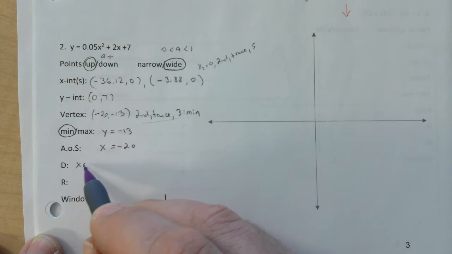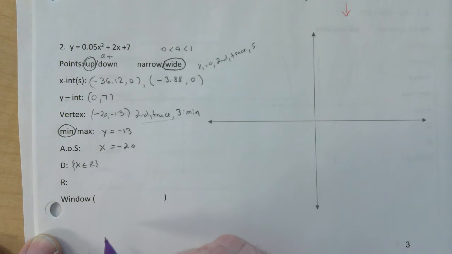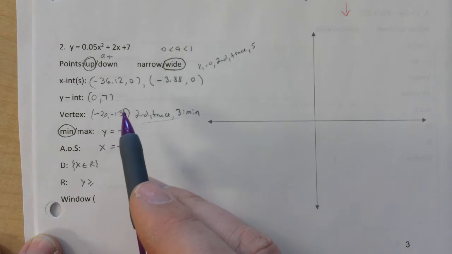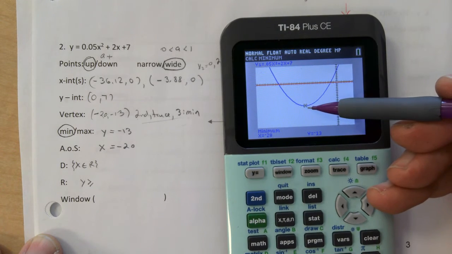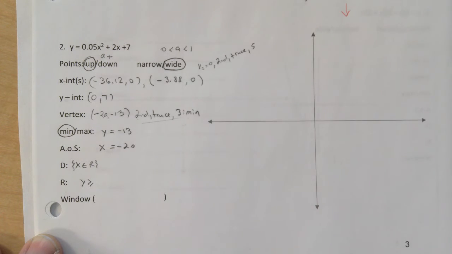The domain, I'm just going to do the first one, okay? You already get the point with the interval notation. And in this case, y will be greater than or equal to negative 13, right? Because the lowest it gets is negative 13, but then it's bigger than that. It just keeps on going up.